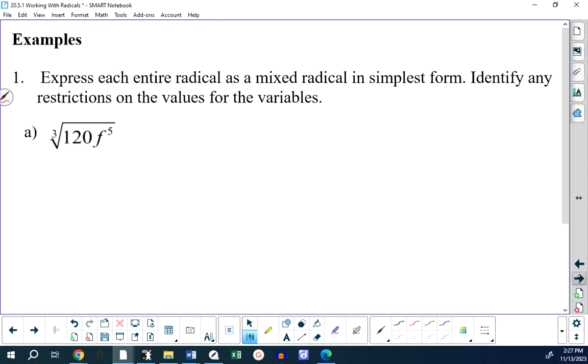Express each, oh, well, this is certainly different. There's letters, okay? Algebra. For each entire radical, write it as a mixed radical in simplest form. Identify any restrictions on the variables. So I want to leave the restrictions until we get done A, B, and C and all the parts, okay? We'll talk about the restrictions in a bit.